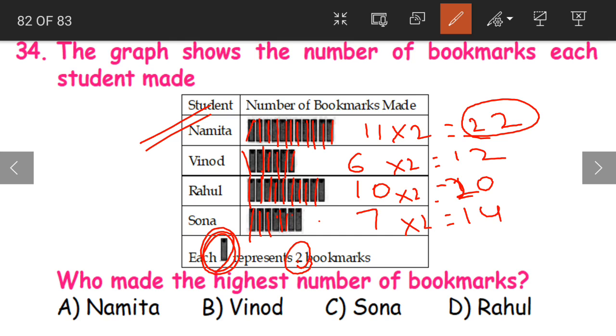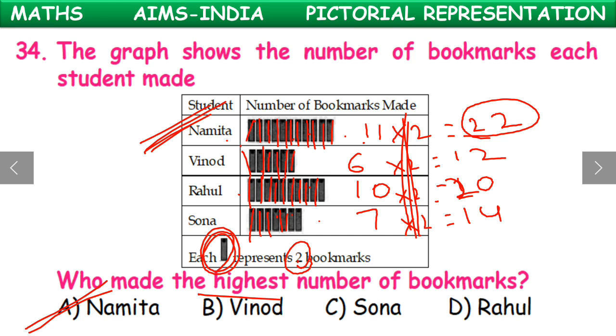Okay, children. To find out the one who has made the highest number, we do not even need to multiply. Just by counting the pictures, we can say that Namita has made the highest number of bookmarks. So option A, Namita becomes the correct answer for this particular question. Yes, I hope this is clear.